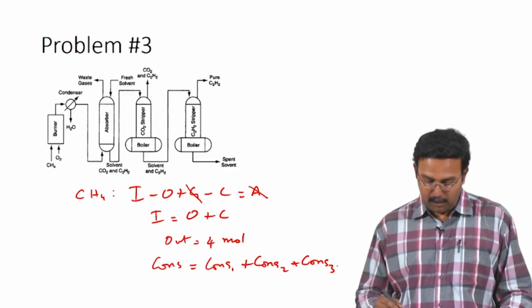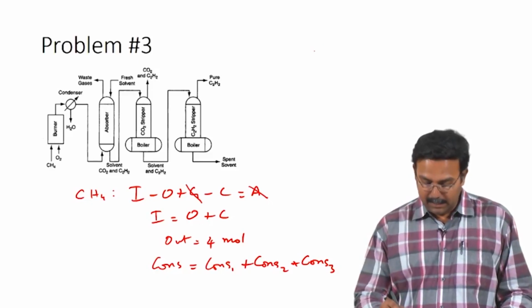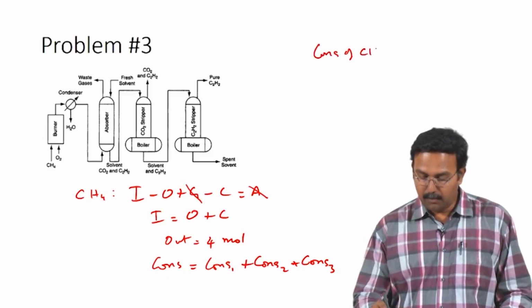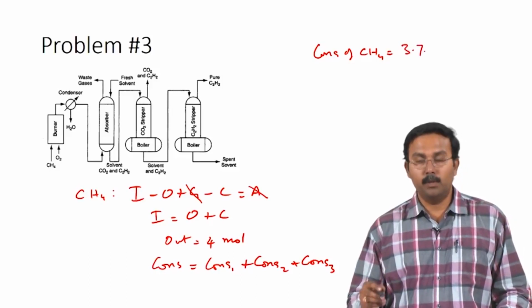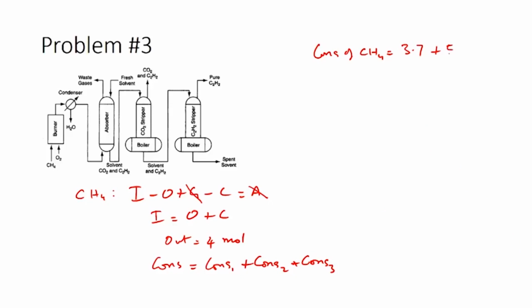So, using that stoichiometry, we can calculate the consumption of methane as 3.7, which is the number of moles of carbon dioxide generated, plus 58.3, which is the number of moles of carbon monoxide generated, plus 8.5 times 2, where 8.5 is the number of moles of acetylene generated, because 2 moles of methane are consumed per mole of acetylene, so we multiply by 2, the stoichiometric coefficient.